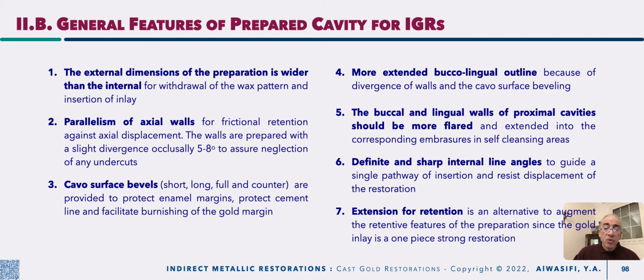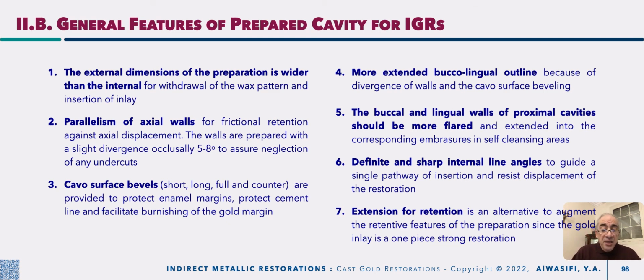The buccal and lingual walls of proximal cavities should be more flared and extended into the corresponding embrasure to be surely in a self-cleansable area. Definite sharp internal line angles guide your single path of insertion and at the same time resist displacement or rocking inside the cavity and provide stability.